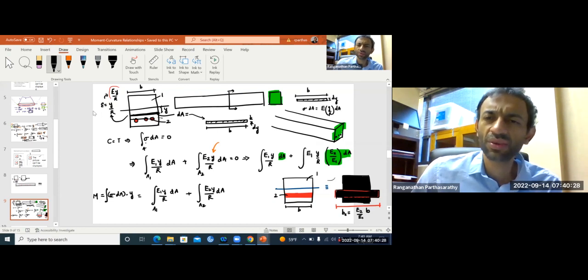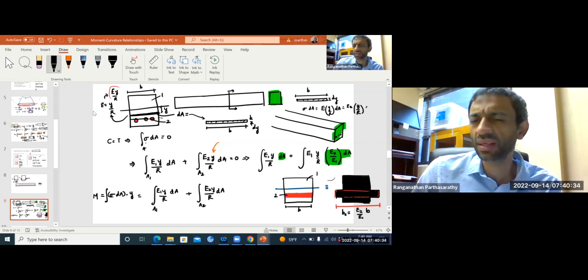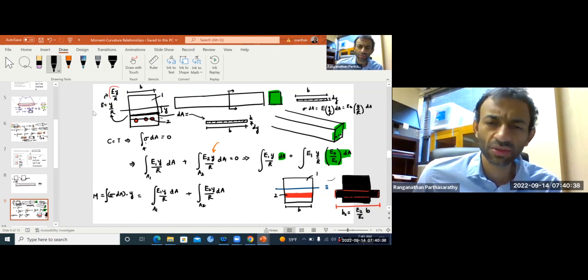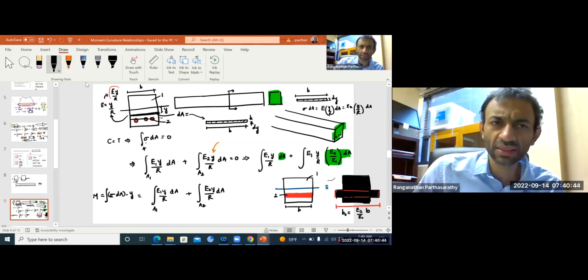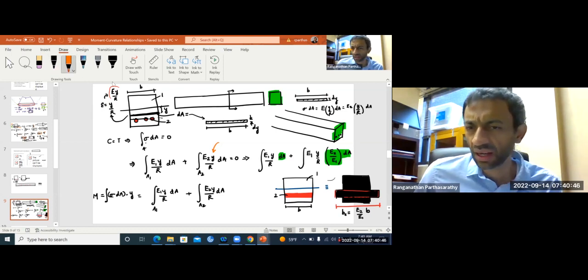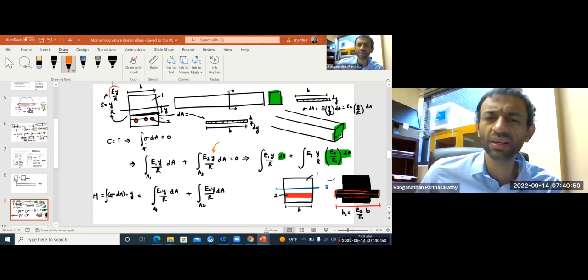So I know that the force in the new material is E2 times Y over R dA instead of being E1 Y over R dA. So that I have the same force in this equivalent beam, I want the same force in the strip as in the original one.